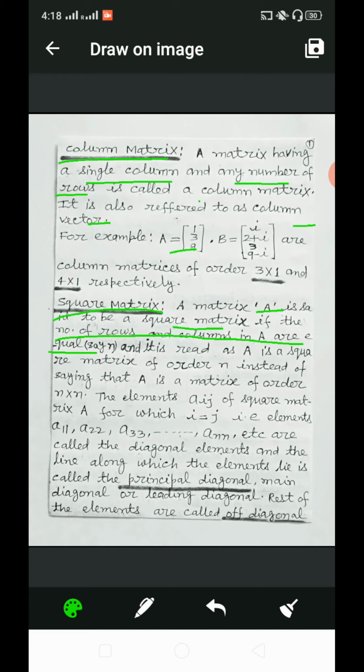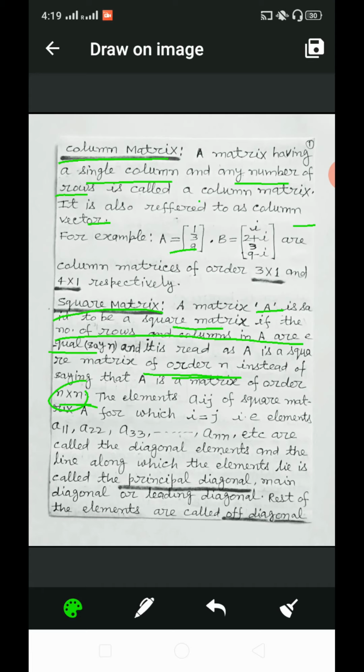It is read as A is a square matrix of order n, instead of saying that A is a matrix of order n by n. Means for a square matrix we do not write n by n, we only say that A is a square matrix of order n.